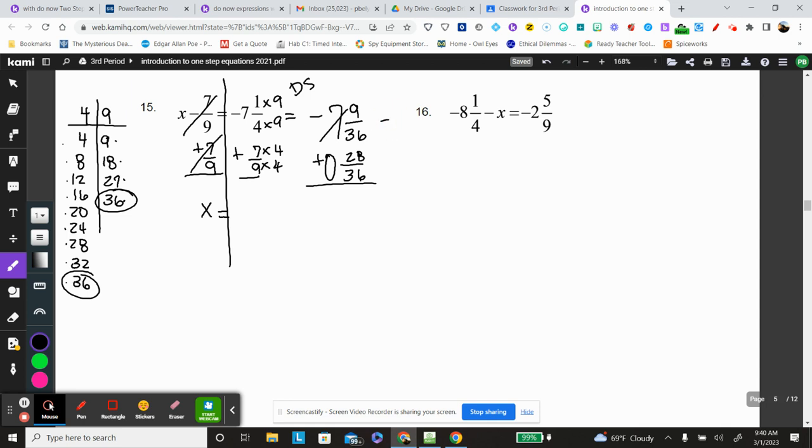So put negative 6 and add the top and bottom number. Y'all add them up for me. 9 and 36. Is it 45? Okay. Then you put it back over 36. And then this is plus 0 and 28 over 36.